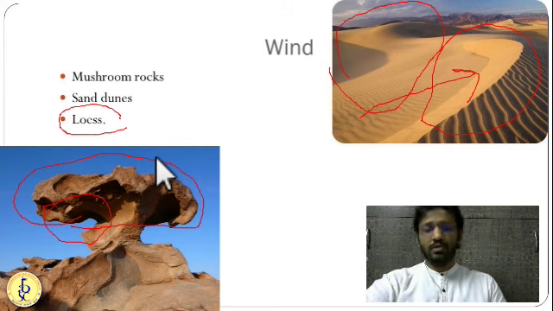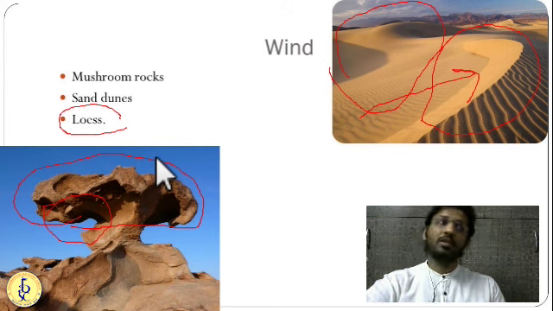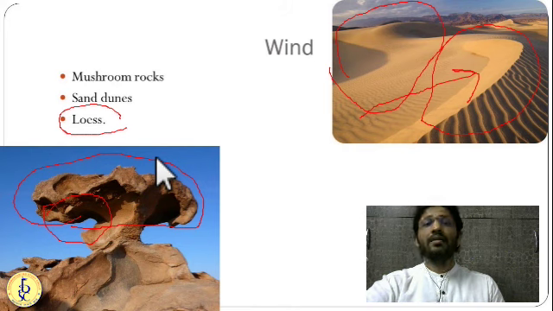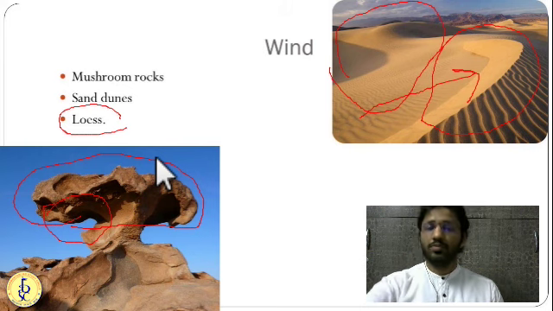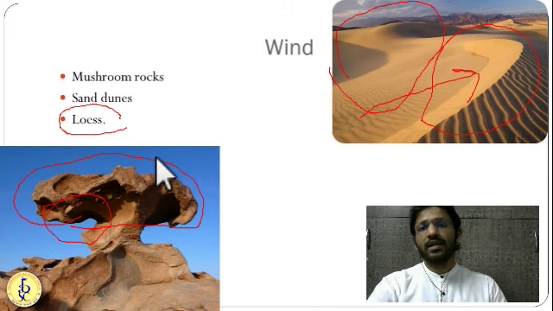So these are the different agents of the erosion, and these are the various landforms. These are the various types of processes: endogenetic process and exogenetic processes. So I hope you guys have understood this. We have seen two types of processes. Endogenetic: sudden processes and diastrophic processes. Exogenetic processes: erosion and deposition, erosion and weathering.